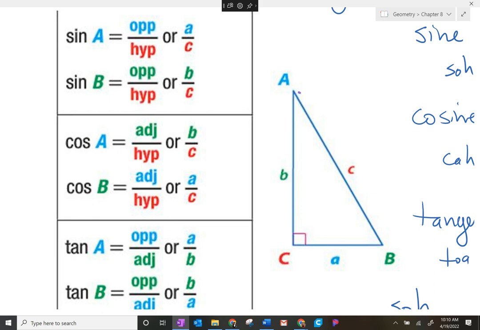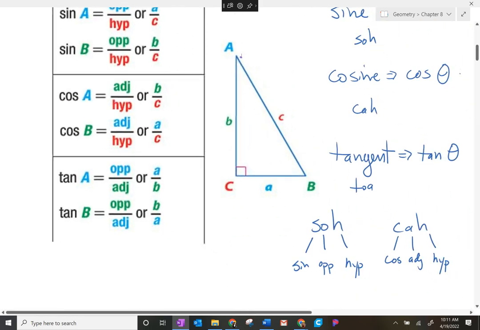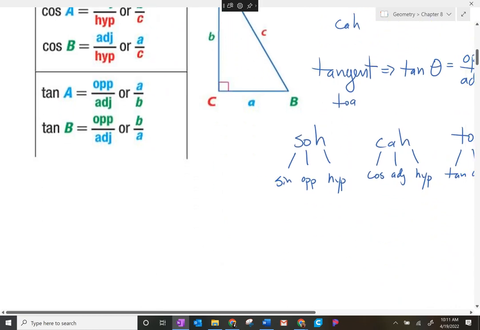If I'm looking at the tangent of A, it'll be the opposite, the one across from it, so A over the adjacent, so A over B. That's where these letters are coming from. I'm going to go on to the examples now, but I wanted to show each part. I've got them written over here so we can keep reflecting back on it.